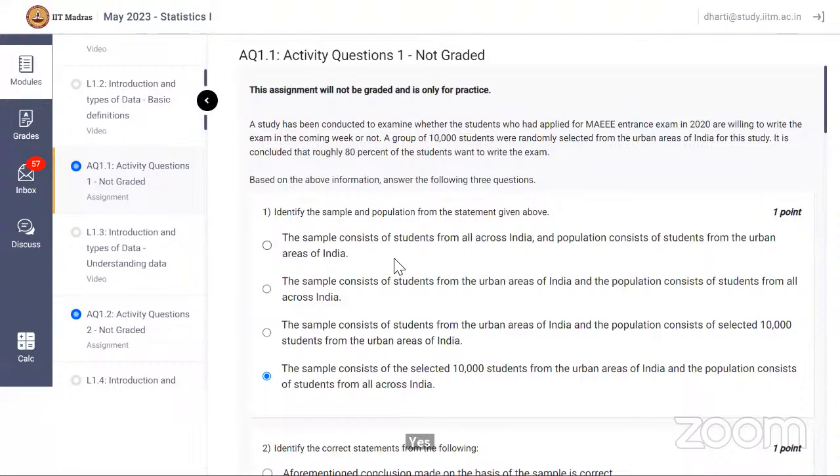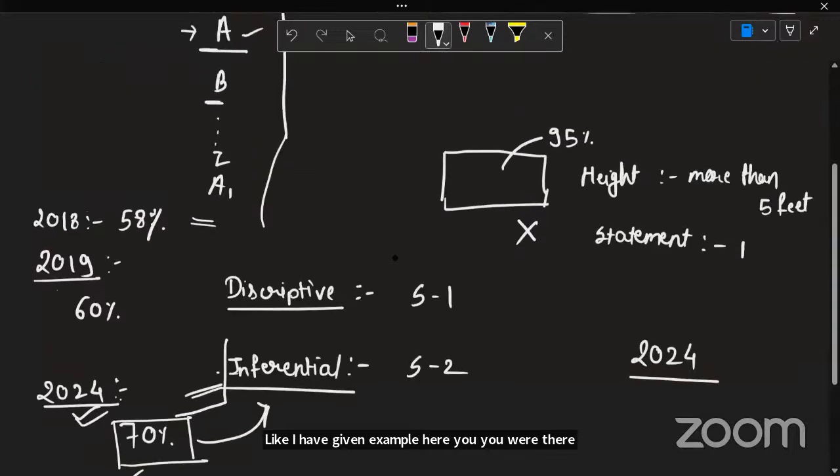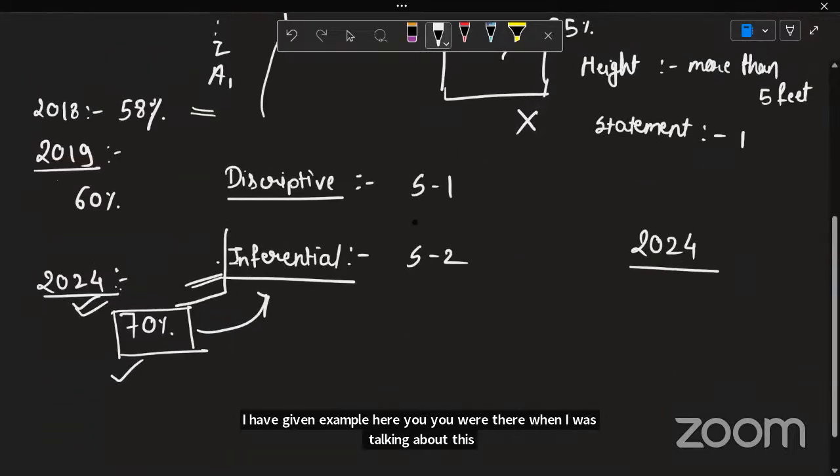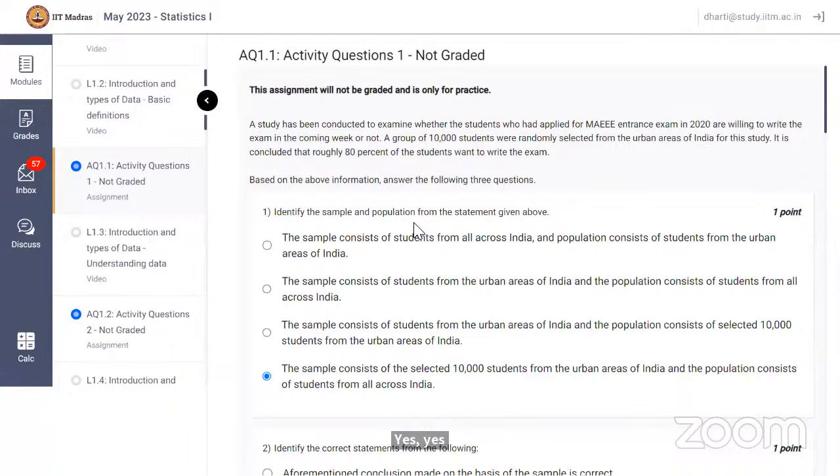Like I have given an example here. When you conclude about something that you haven't considered while analyzing, that comes under inferential.